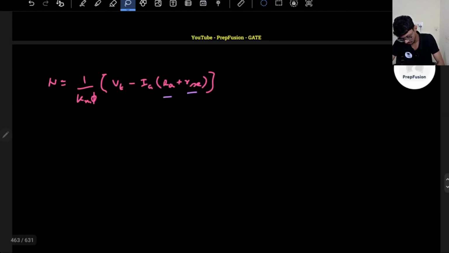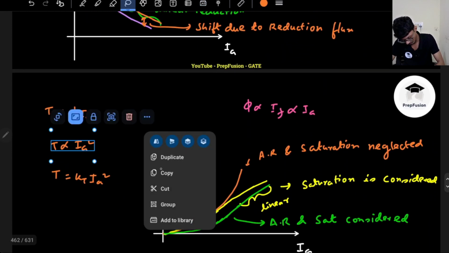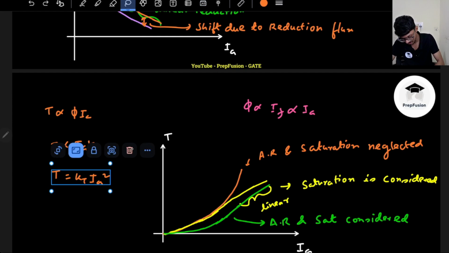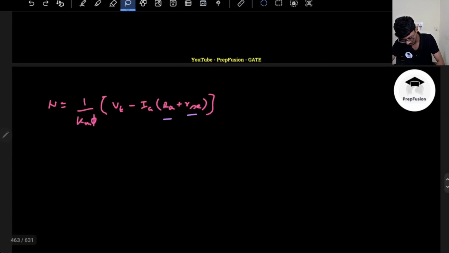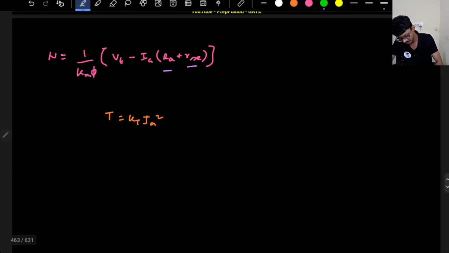And what is the torque equation? The torque equation is this, right? T equals Kt into Ia square, correct? So I can replace my Ia with 1 by under root Kt, so basically here Ia will be under root of T by Kt.